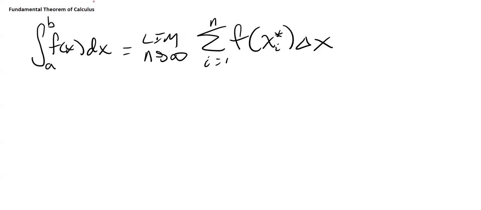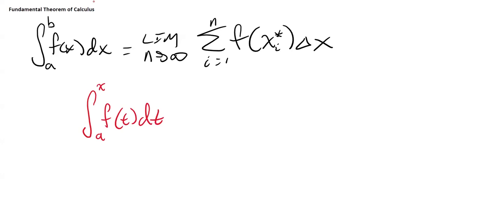If we have an integral from a to x, so instead of from a to b, two specific numbers, it's from a constant, but it goes to any value of x of a function. And here, because we're using x as the upper limit, we're going to use what we call a dummy variable, a t.